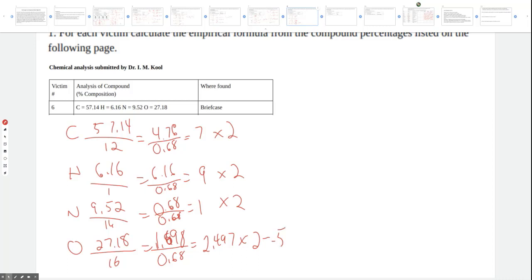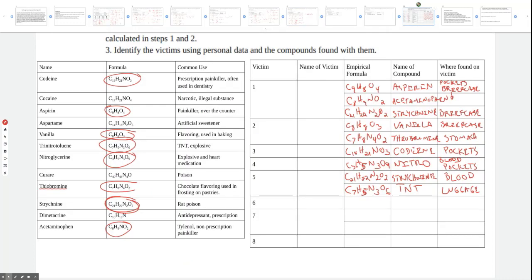We get 14, 18, 2, and 5. So the empirical formula here is C14H18N2O5. Let's put it on the chart. C14H18N2O5. That is aspartame.